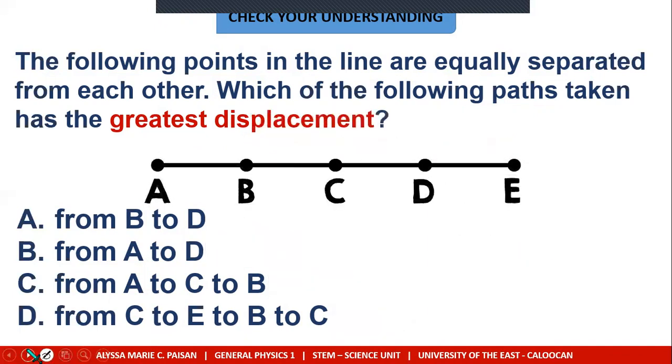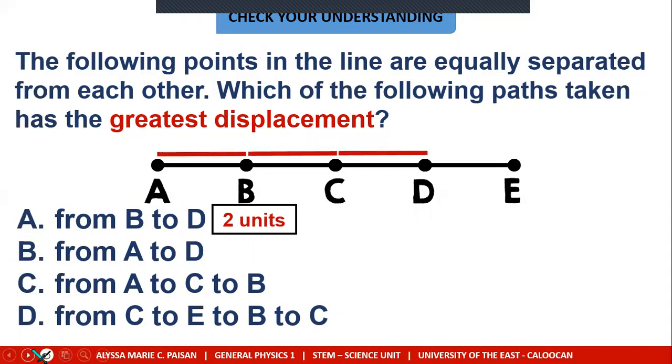How about we have the same scenario, but this time, which one has the greatest displacement? Again, let's look at the points. The letter A, that's B to D, that's 2 units. And then letter B from A to D, 1, 2, 3, that's 3 units.